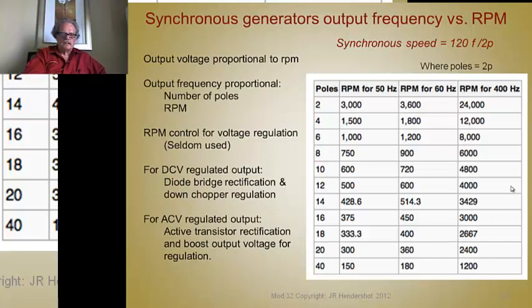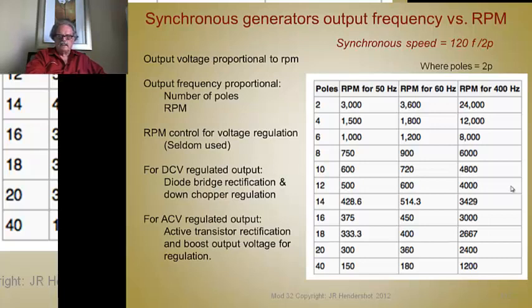It's very seldom you ever use speed control of the prime mover to regulate the voltage, as I said in an earlier tutorial. Voltage is really regulated by rectifying the AC output of the PM generator and making DC out of that with a diode bridge and some smoothing capacitors. And then you regulate the DC output voltage to what you want with a down chopper.